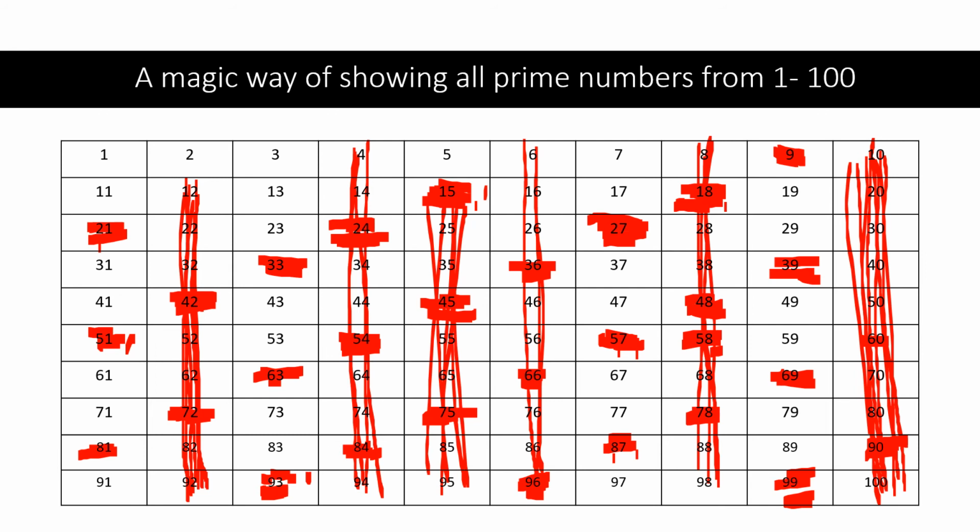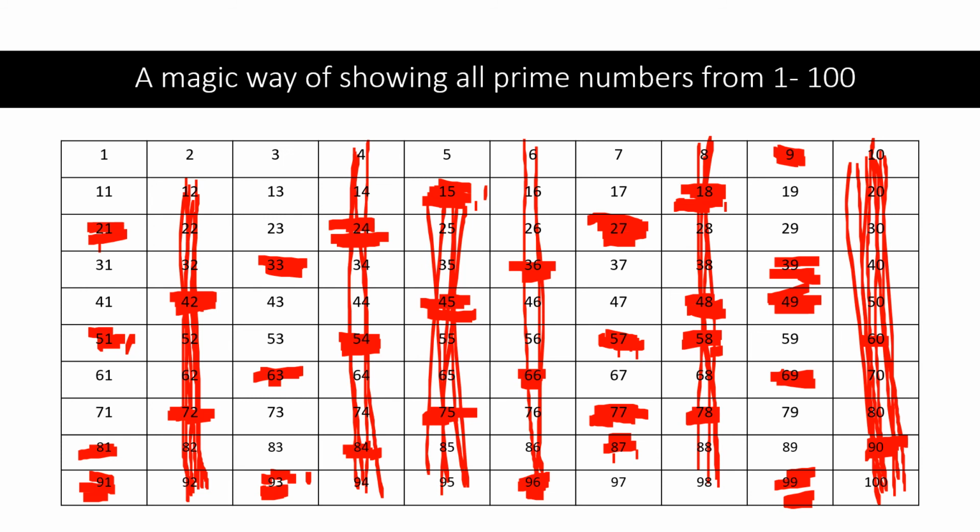Now 7 is a prime number, so let's color all the cells containing multiples of 7. 14, 21, 28, 35, they have already been colored, 49, 77, 91 and 99.